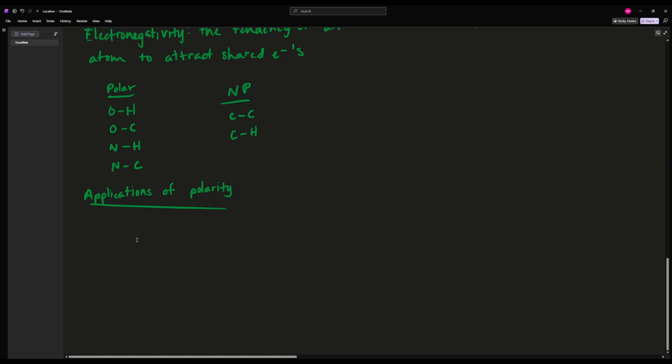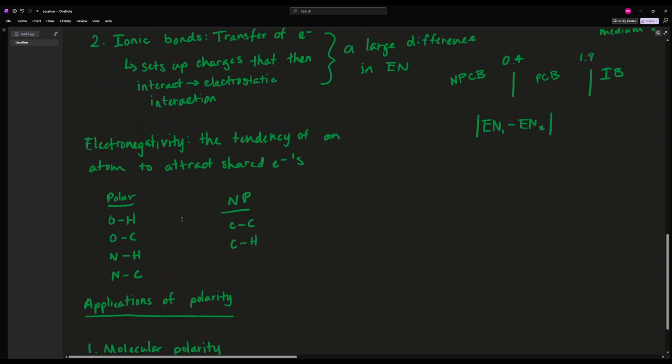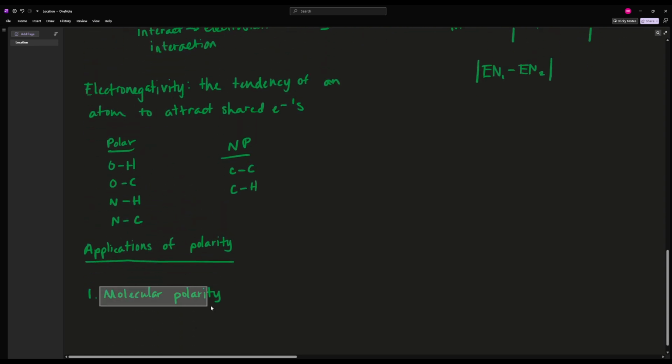Our first one is molecular polarity. So now instead of just looking at polarity within a bond, we're looking at polarity in a molecule. Now, before we can quite talk about molecular polarity, we also need to talk about dipoles.